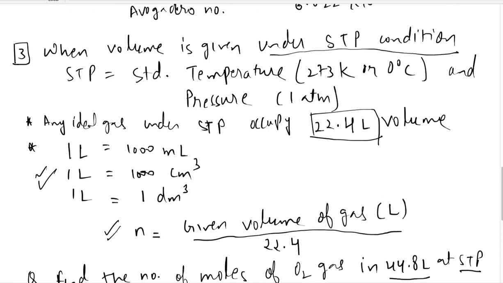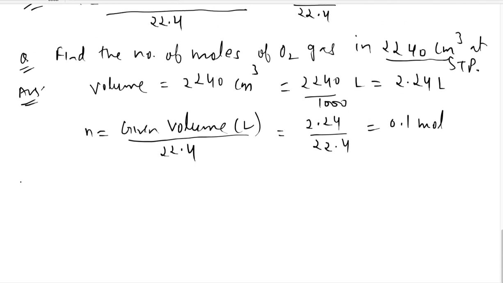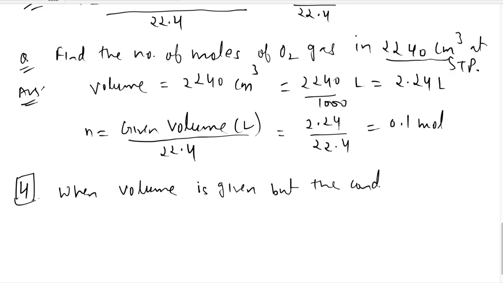So we have covered three formulas. Now the fourth and the last formula is when volume is given but the conditions are not STP.